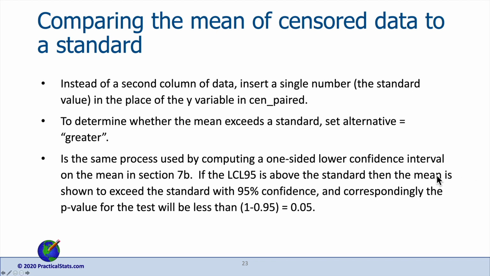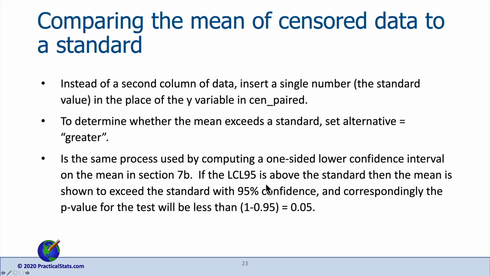If you're just comparing the mean to the standard, that's not strong enough evidence in a statistical test because you're not taking into account the amount of data that you have and the variability. If you had only two observations, you may compute a mean and it may be higher than the standard, but with two observations, it's very likely that it's not above the standard out in the field.